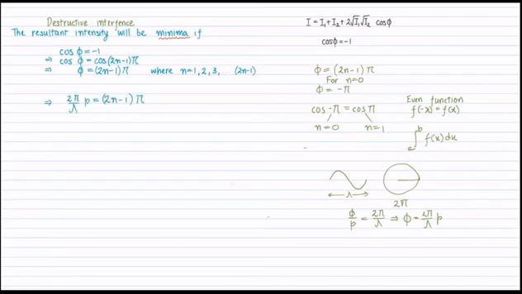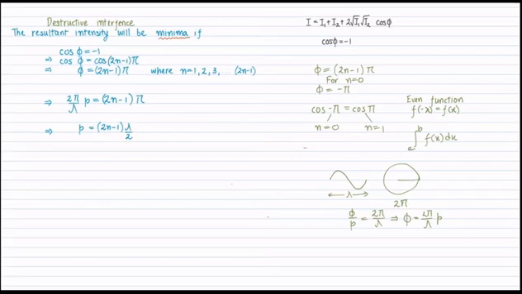I can write 2 pi by lambda multiplied by p equals twice of n minus 1 multiplied by pi. Now I can cancel this pi from both sides, send lambda to the other side and send the 2 to the denominator. Then my path difference p equals an odd multiple of lambda by 2. Fine.